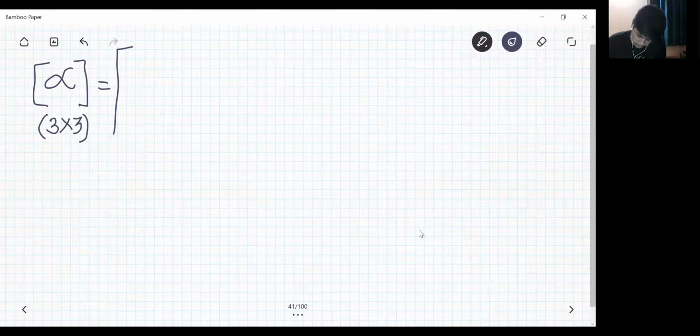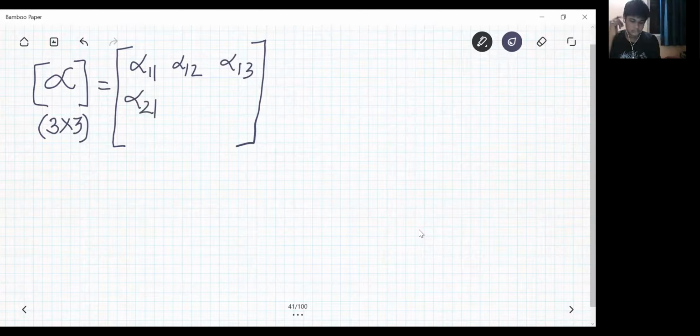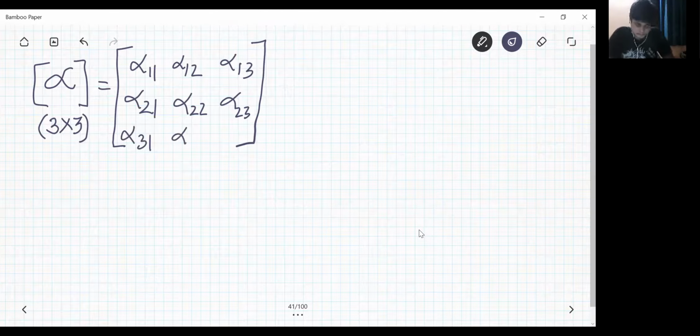So the given matrix is 3 by 3. The alpha matrix also will have the same 3 by 3 size. So this will be like alpha 11, alpha 12, alpha 13; alpha 21, alpha 22, alpha 23; alpha 31, alpha 32, alpha 33.